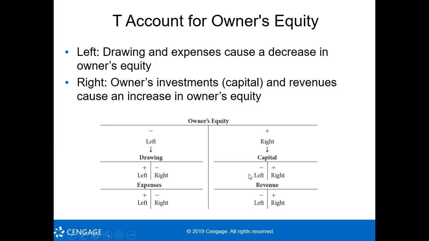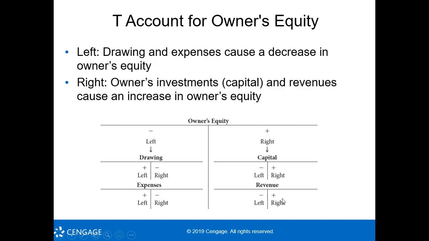Okay, so when we're thinking about the increases to equity, the capital investment, the revenue, owner's capital has a normal credit balance, which means it increases with a credit, decreases with a debit. Revenue, same thing. Revenue and capital both have the same debit and credit rules because they both increase equity. Equity increases with a credit, decreases with a debit.